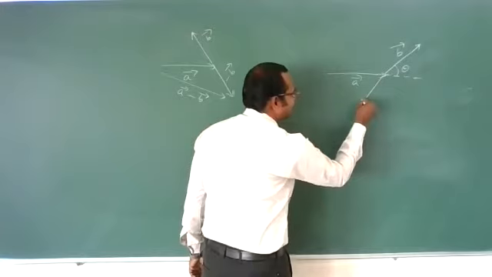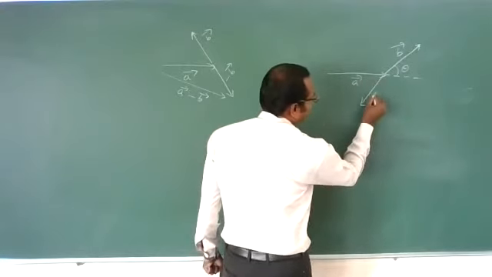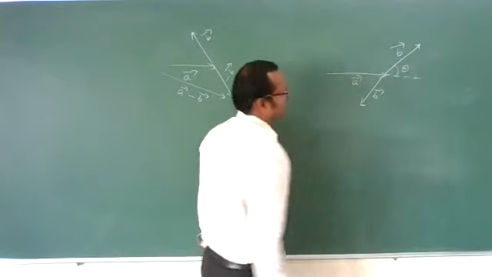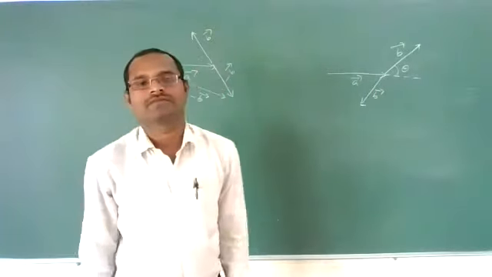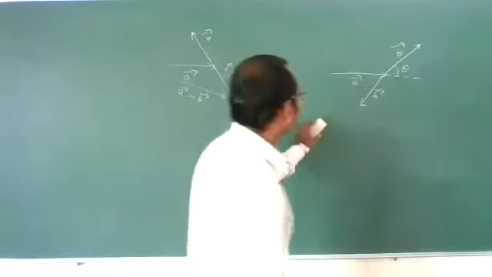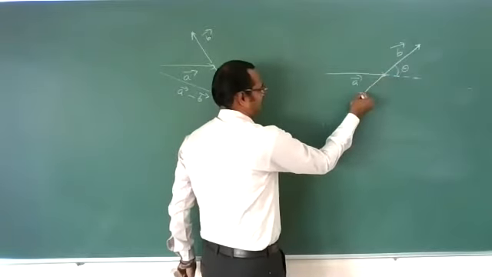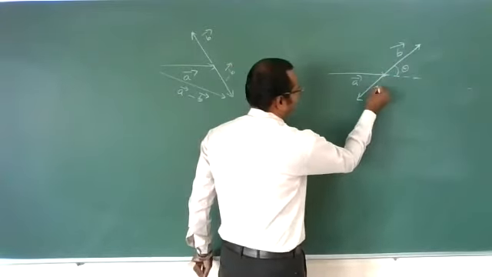Draw the negative vector like this. See, how I am drawing the negative vector, straight like this. This is B bar.